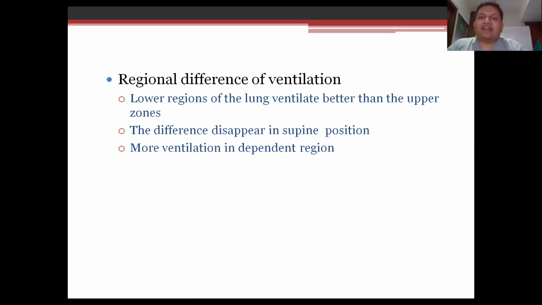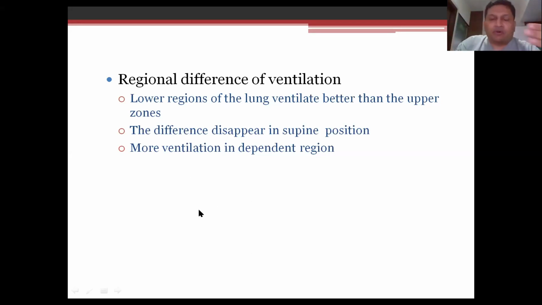Due to gravity, those collapsed alveoli will open and my air will go into the upper part, which in the supine position was more collapsed. Why do I have to prone? Because if I increase the ventilation in the upper part, as the upper part has more blood vessels and more blood, my ventilation and perfusion mismatch will decrease.